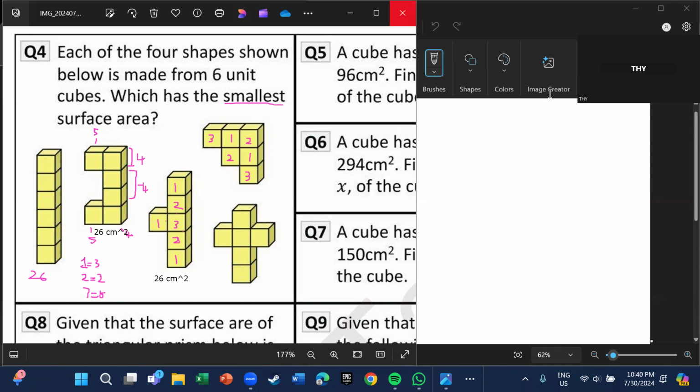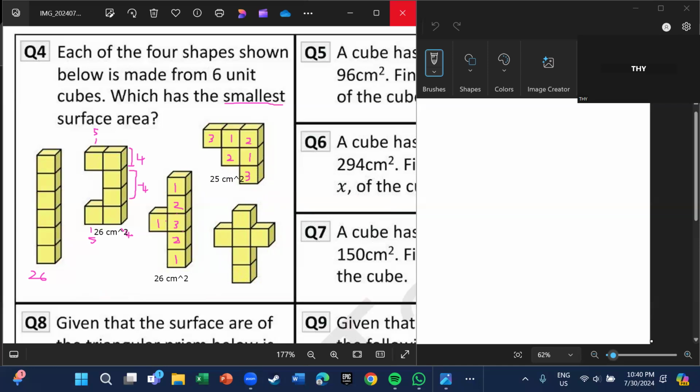So we're looking at 3 multiplied by 2, plus 2 multiplied by 2, plus 5 multiplied by 2. This would give us 25 centimeters square. Really simple. So take your time to copy this if you want. So now we know that this is 25 centimeters square.